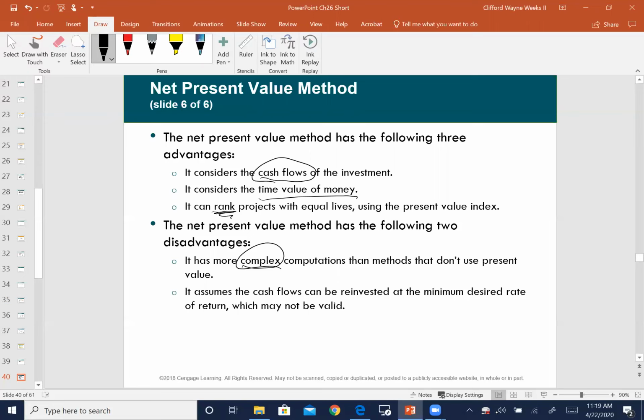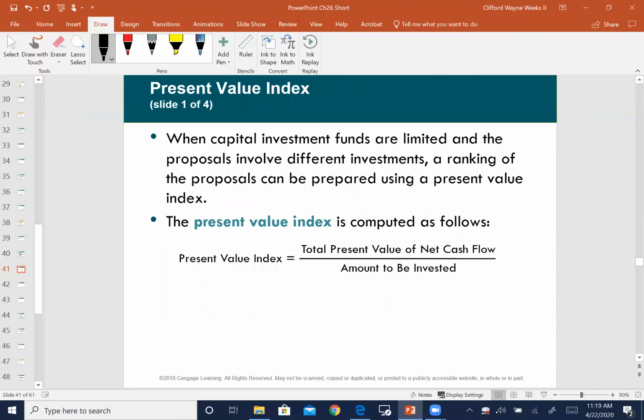I'm not going to prove it here, but I really feel this one is not a valid disadvantage. Wait until you take Finance 322 with me, and I will prove that to you. But whatever, we'll leave it there.